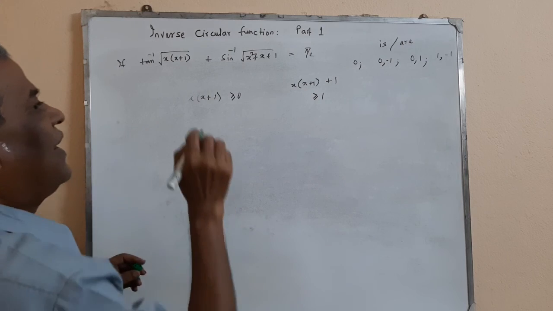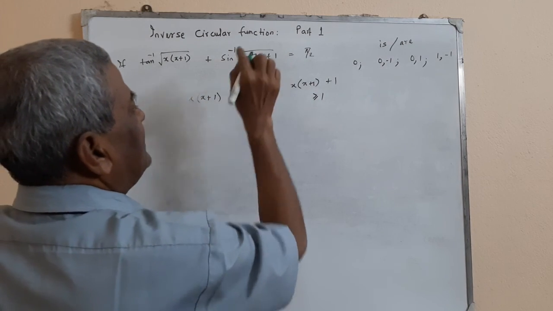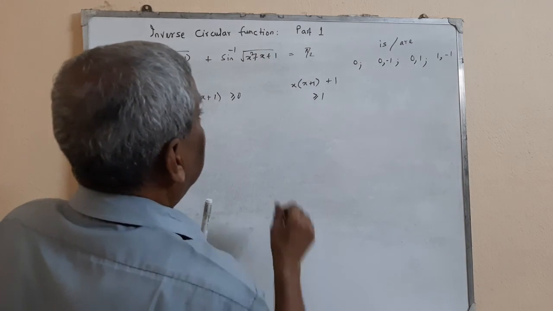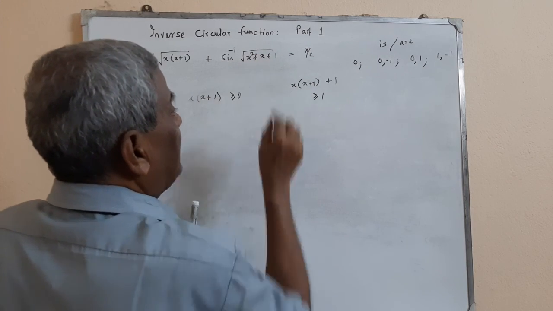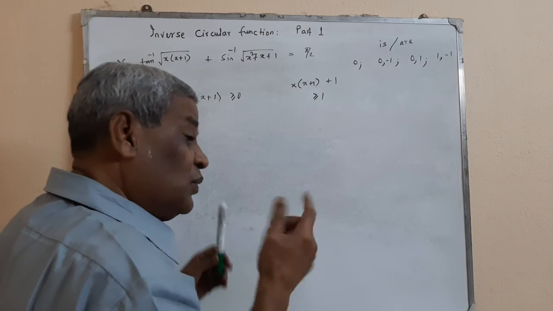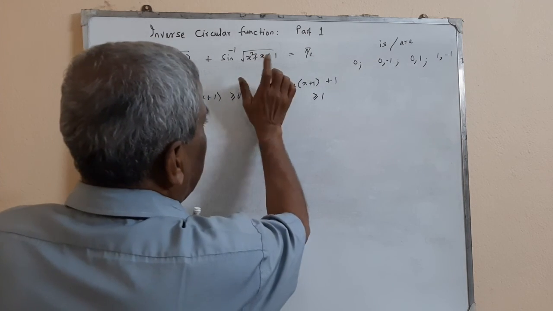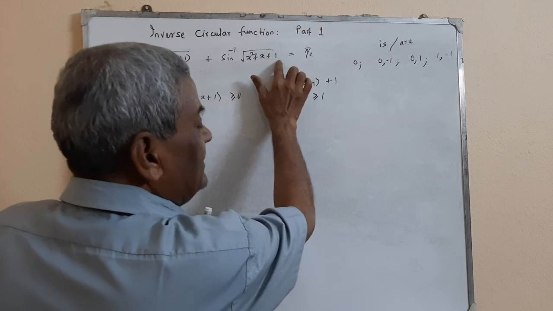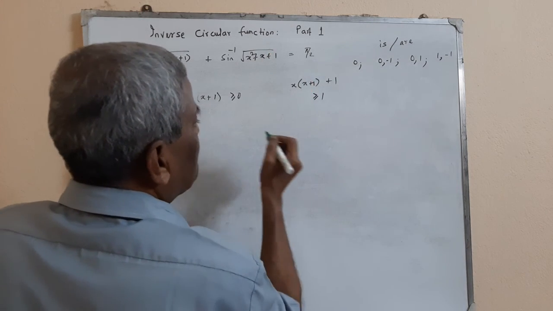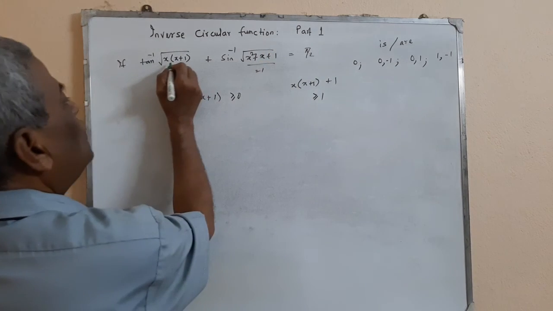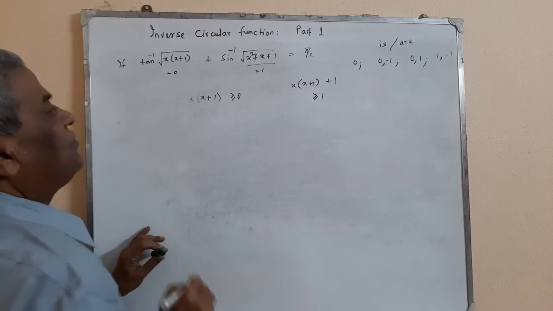But for sine inverse, the domain is within minus 1 to plus 1. So as it is valid, this must be 1, and so the other must be 0.